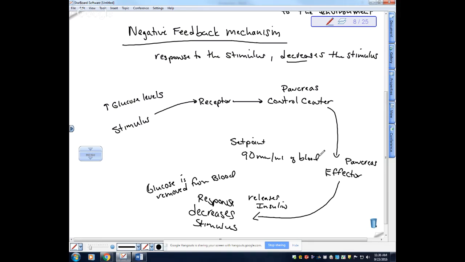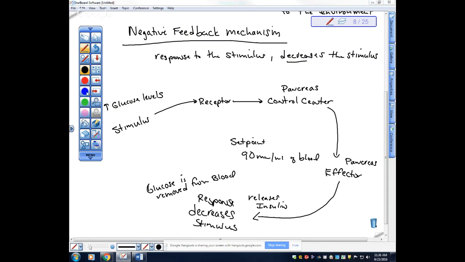Now, there are two pathways that you need to be familiar with. And I'm going to write in blue. Hopefully everybody can see this. So this is what is called the afferent pathway. So that goes to the control center. Now from the control center, where in this case they're both the same, oftentimes it's not.